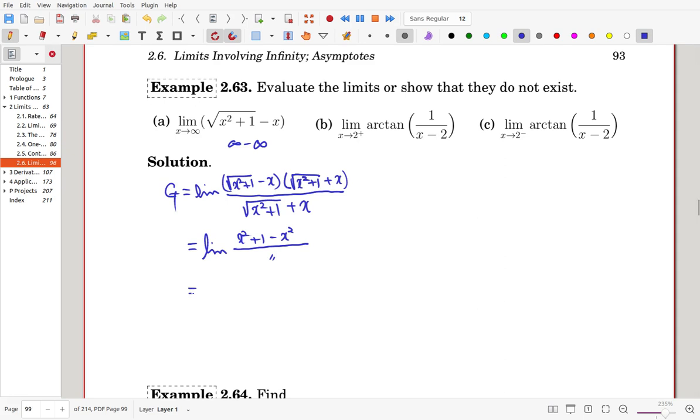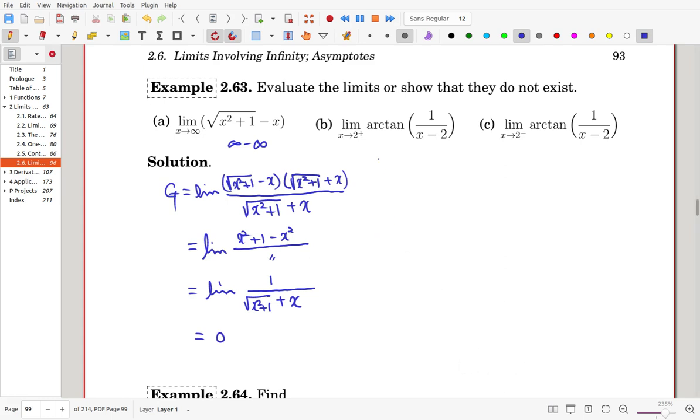So the top is the limit 1, but the bottom becomes larger and larger, so the limit must be 0.